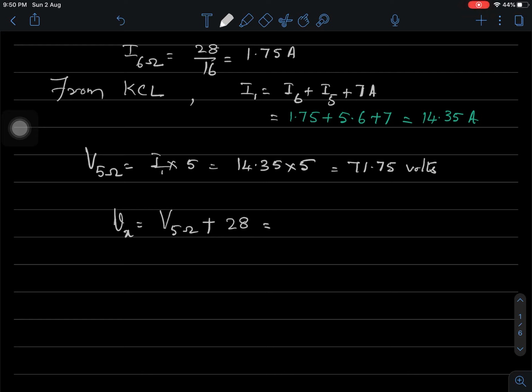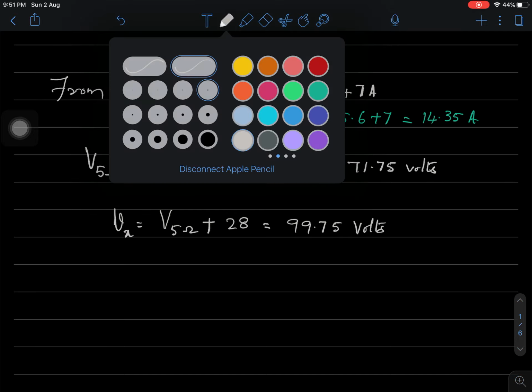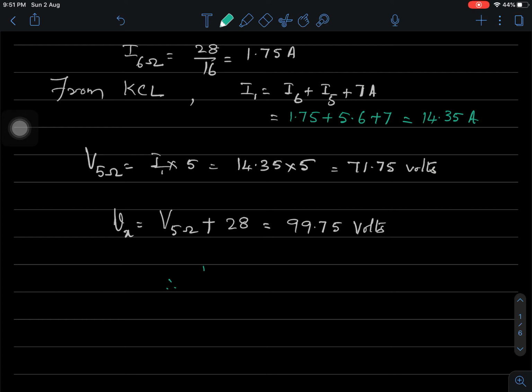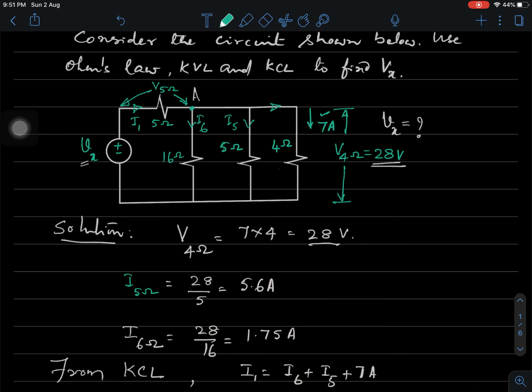So if I do plus 28, I will get this to be 99.75 volt. So therefore Vx is equal to 99.75 volt. Alright, it's a simple problem. It's a very, very simple problem.